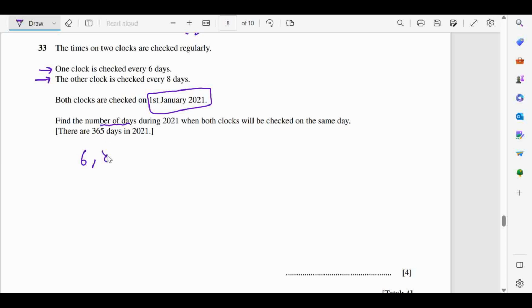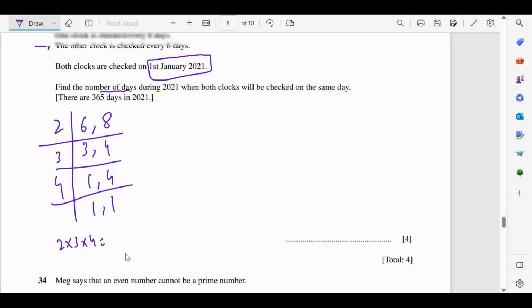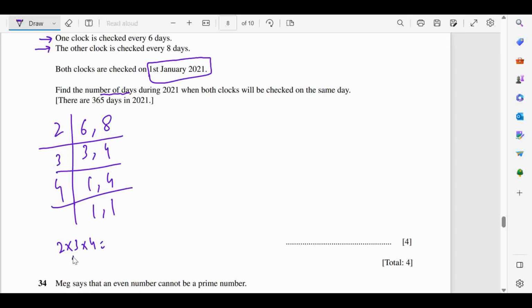So we need to find the LCM of these two. So LCM: 2 3s are 6, 2 4s are 8, then 3 1s are, and then we can directly find the LCM. So LCM is 2 into 3 into 4. So 6 into 4 means 24.